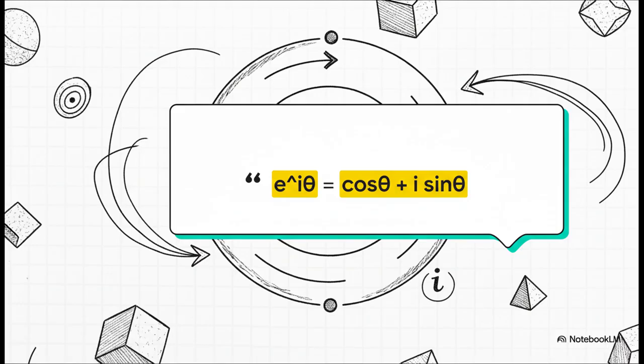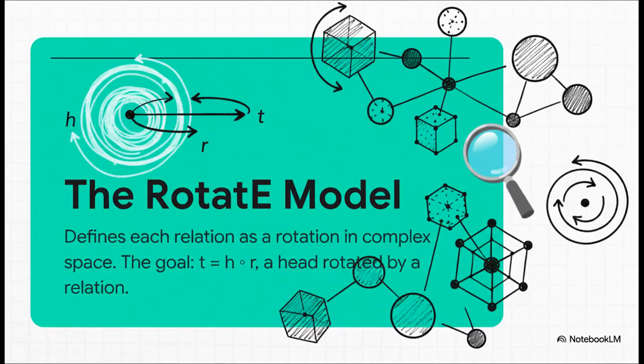Now, don't worry, we're not going to do a deep dive into complex analysis. The only thing you need to know is that this beautiful little equation is the perfect mathematical recipe for describing rotation. It connects exponents and trigonometry and these things called complex numbers, and the result is a perfect way to spin things around. And that gave birth to a new model, which they called, you guessed it, RotatE.